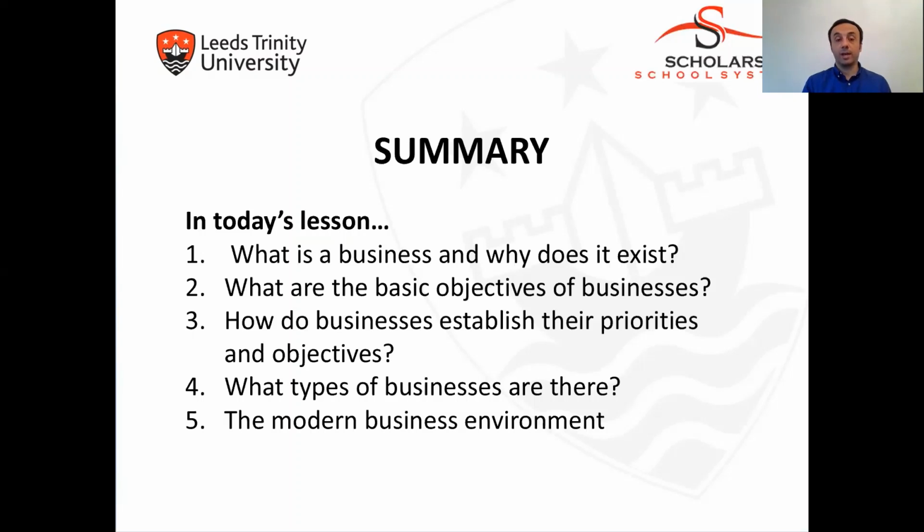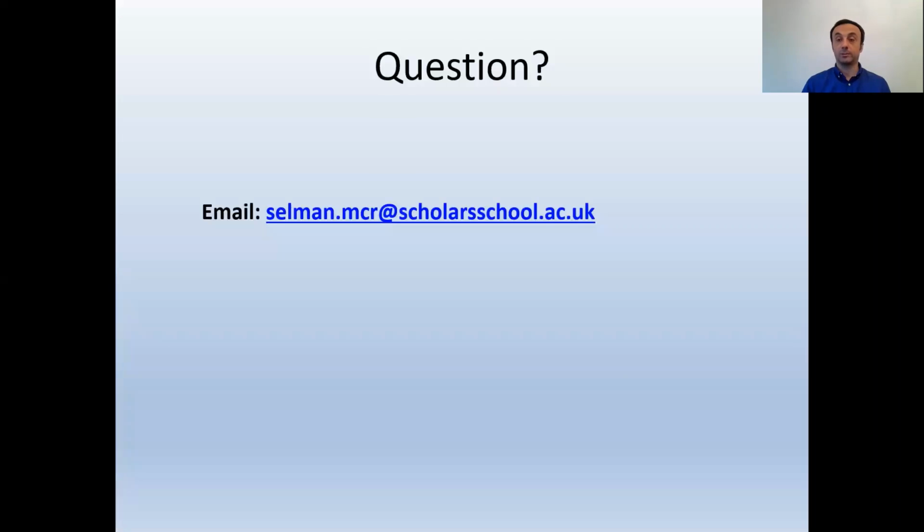And also we defined and discussed what the basic types of business objectives are, what type of business objectives can be developed, and how they are developed, and what the priorities of establishing objectives for the business are, and what types of businesses there are, forms of the businesses we have discussed, and finally, we have discussed the modern business environment that surrounds the business in the modern world.